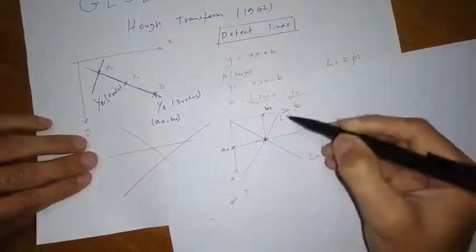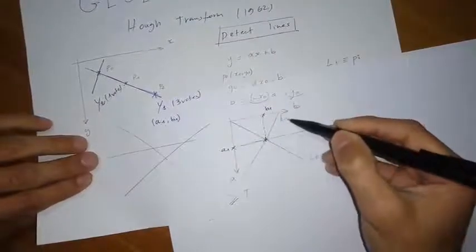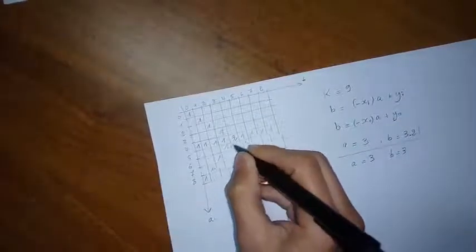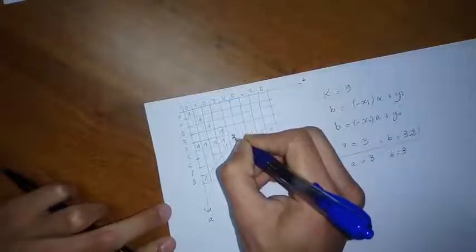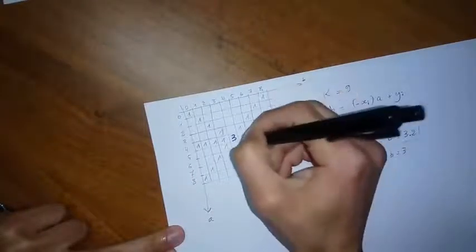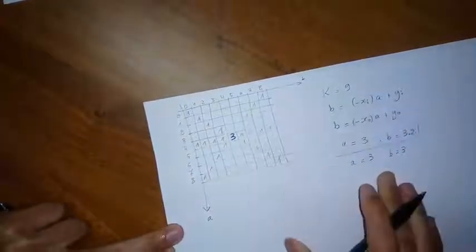Similarly, for this line L2, I would get 1, 1, 1, 1, and once I get here, I have to increment that again to get 3, and get 1s for the rest of the diagonal cells.